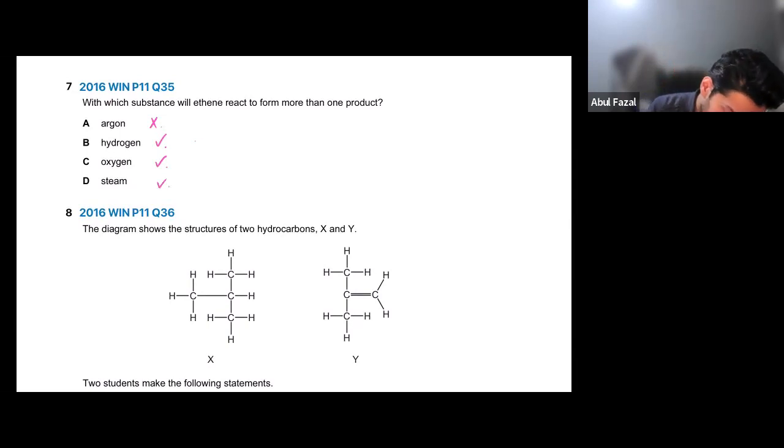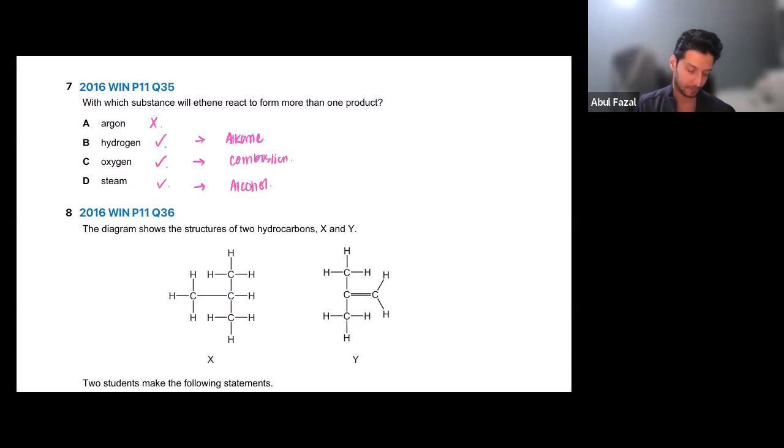An alkene reacting with hydrogen turns into an alkane. That's also called reduction. This is combustion, just burning, right? With steam, it turns into an alcohol. So all of these reactions you've seen. So A is your answer.